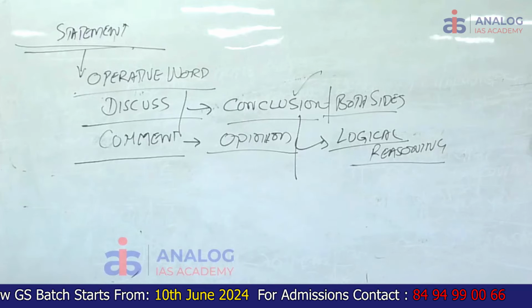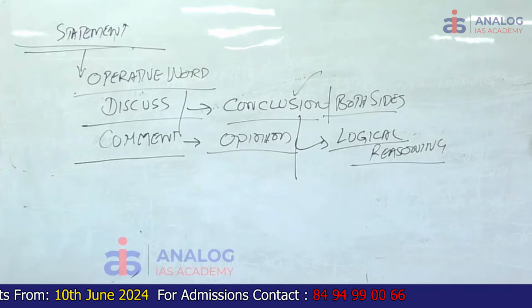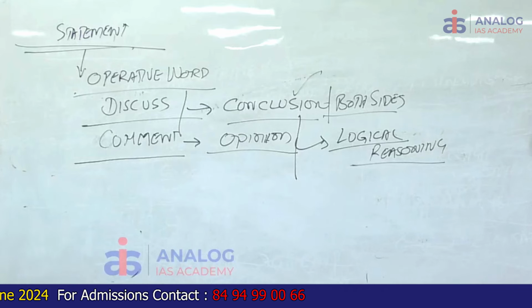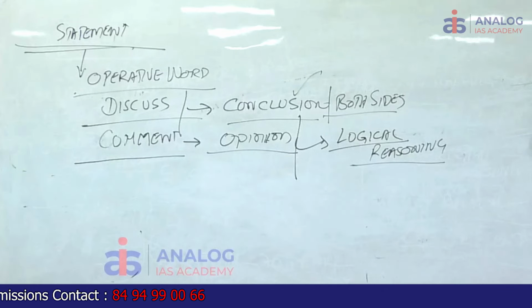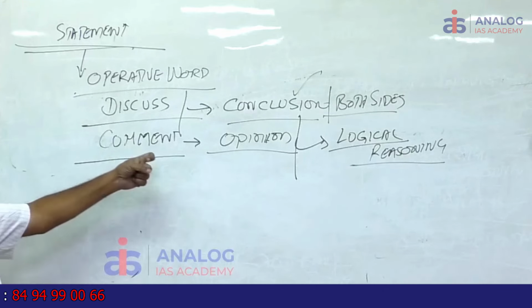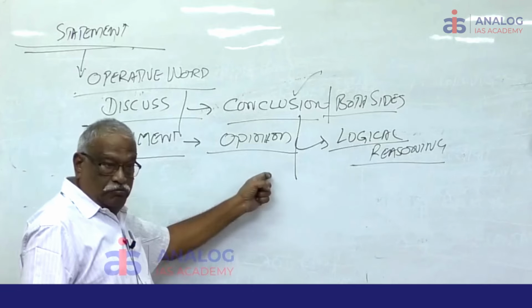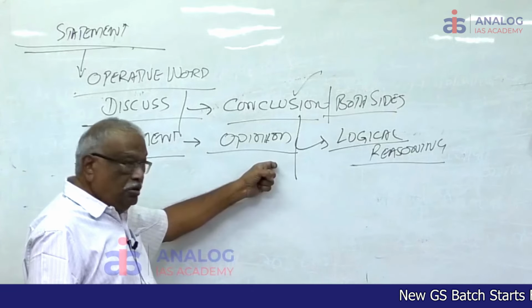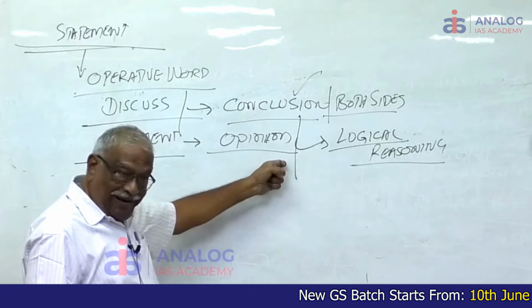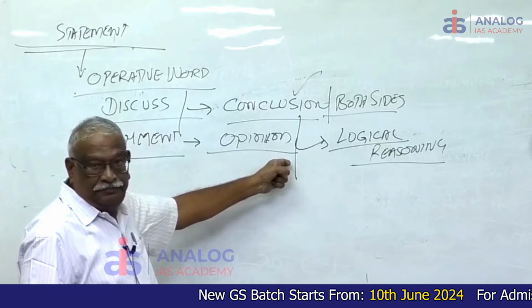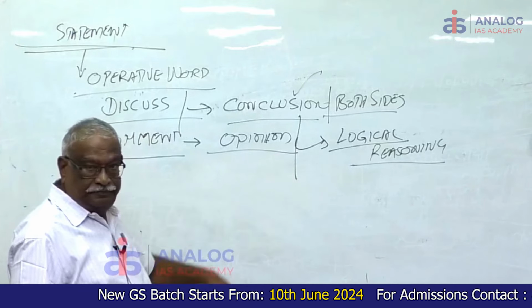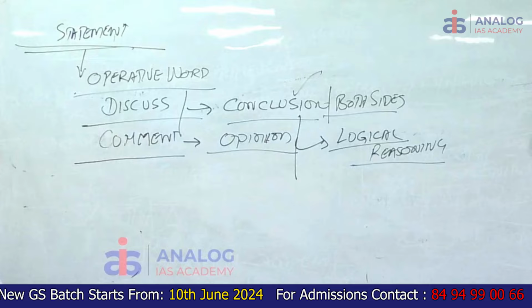We said the candidate should be able to take a view on conflicting socio-economic aspects, is it not? What is your view on this? They are asking you. Do you think it's good? Why is it good? Is it bad? Why is it bad? Comment.